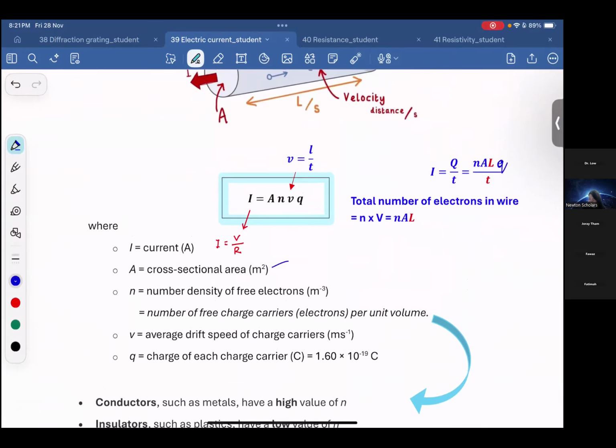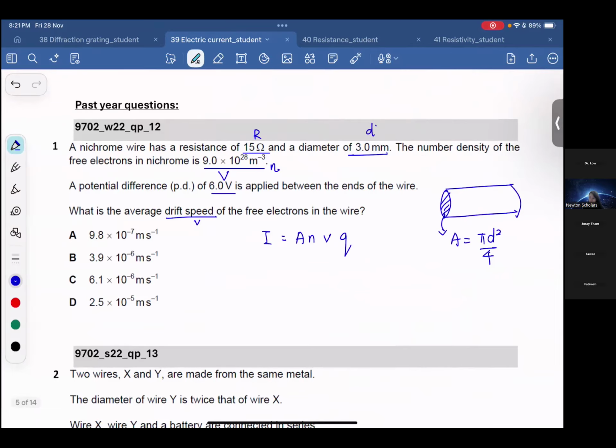Here take note area is pi d squared over 4. They didn't give you current, so you use Ohm's law, V equals IR, to find the I. Area using mathematics, pi d squared over 4. Then N is provided. Speed we don't know.